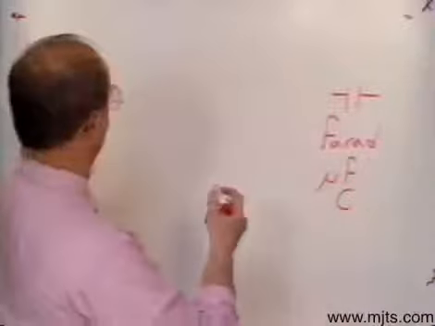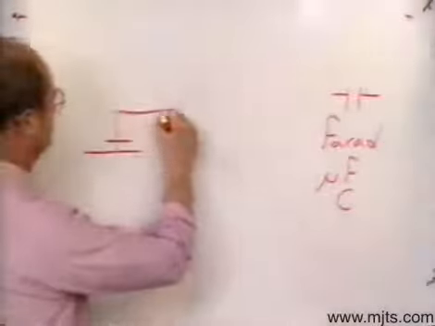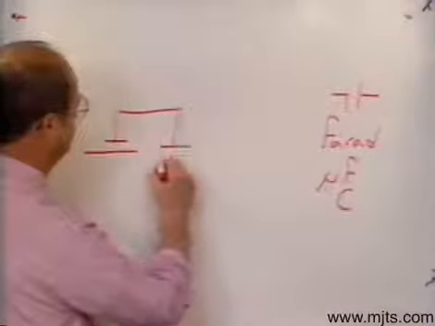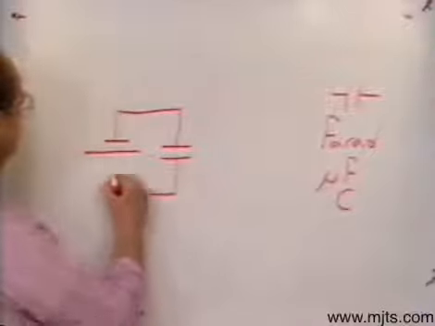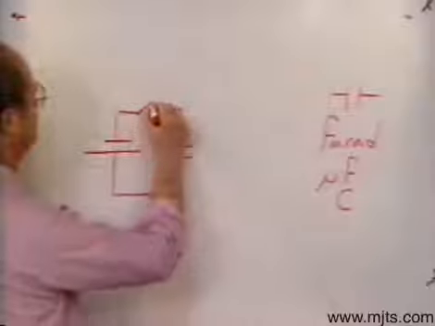If I was to show you a capacitor in a DC circuit, it would look like this. We would have a capacitor with the DC applied to it. If I put a switch in this circuit, it would look like that.